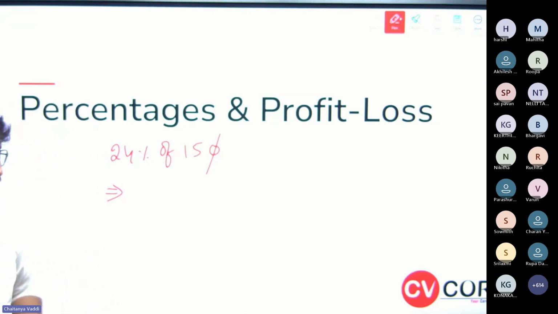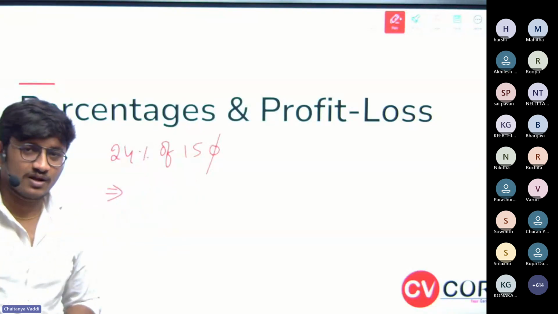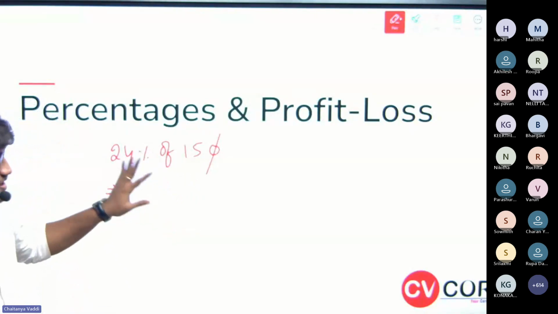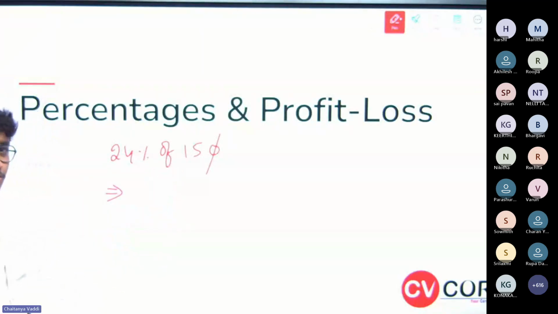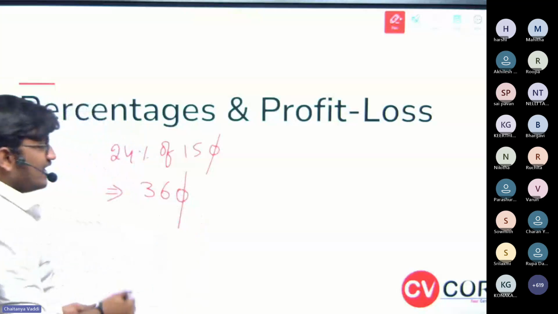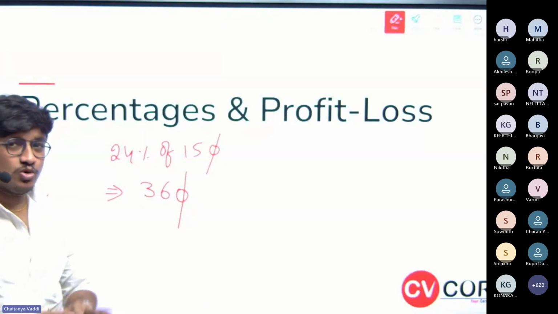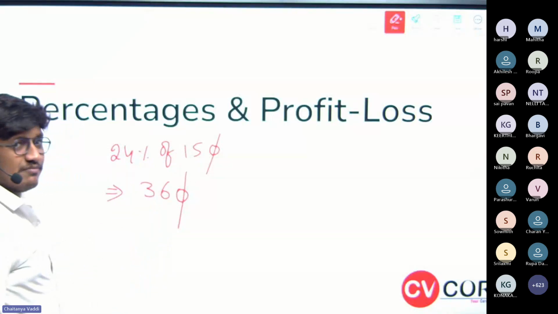It is 36. Okay, very good. Now 24 percentage of 150. You can do it in the normal way. So the zero cancels and you multiply these two values. So you will get 360 and one more zero will be eliminated in that answer. So my point is, if you want to multiply this, it will take some time, correct?